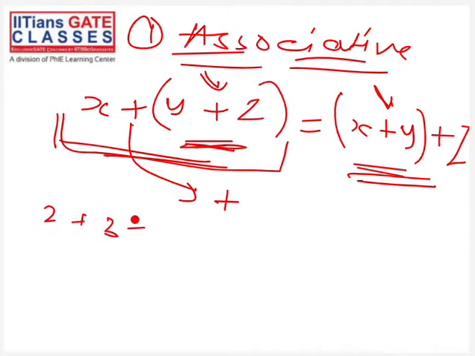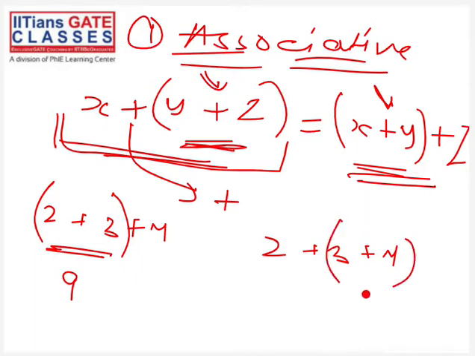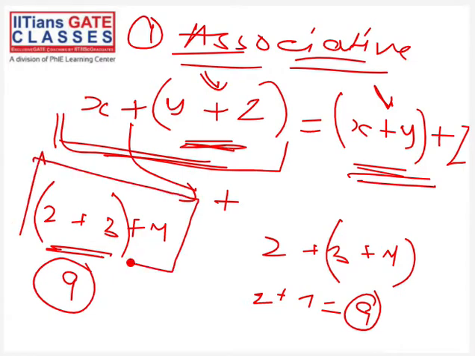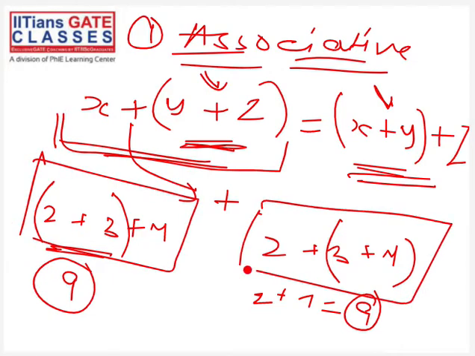For example, 2 plus 3 plus 4. If you compute this first, the result will be 5 plus 4, which is 9. If you compute this first, the result will be 2 plus 7, that is also 9. So in mathematics we already know that addition is associative, because we can do it in any manner.